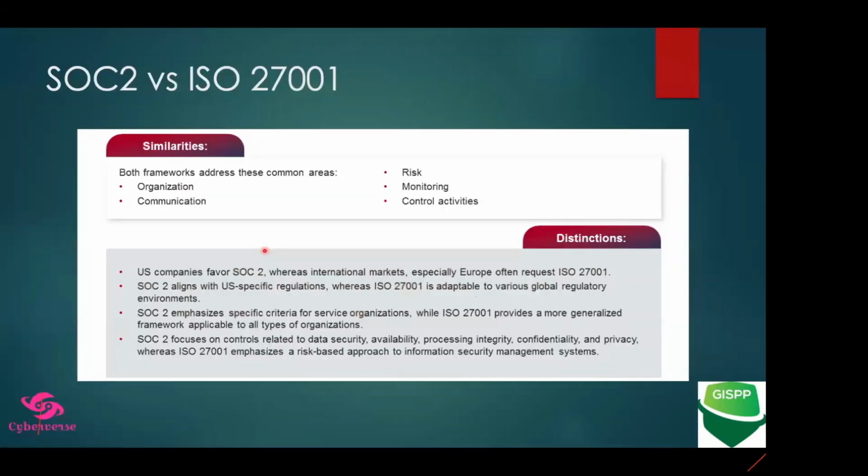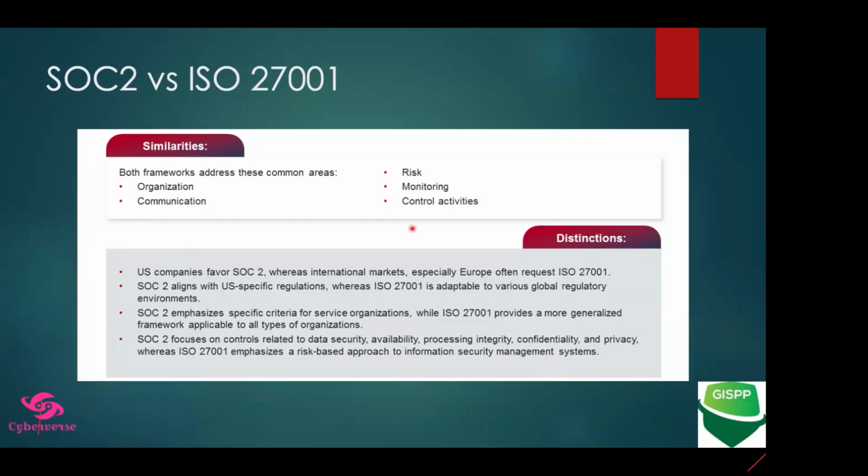So very quickly, what's the relationship between SOC 2 and ISO 27001? As you can see, both frameworks or standards are based on risk. They are based on the risk assessment approach. Of course, communication is the prime thing between the two. Both talk about monitoring. Yes, you have to monitor the controls that you have implemented.